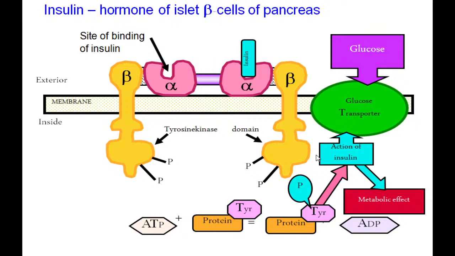What is insulin? Insulin is a hormone of protein chemical structure which is produced by beta cells of pancreatic islets. So, a protein hormone produced by pancreatic beta cells.